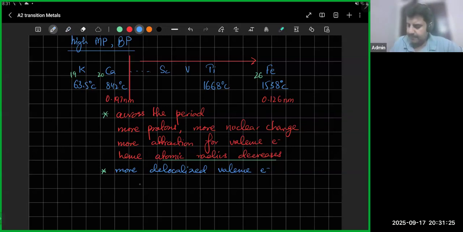The reason is that in the case of calcium, if you look at the electronic configuration of calcium, that's 20, that's argon, the 3d is completely empty and there are 2 electrons in the 4s. If you look at iron, that's 26. It's got 3d6 and it's got 4s2.